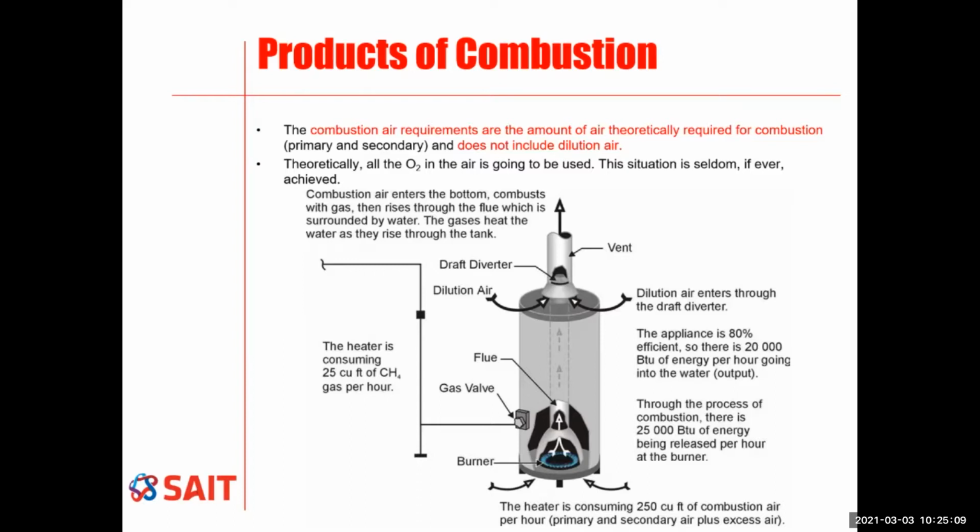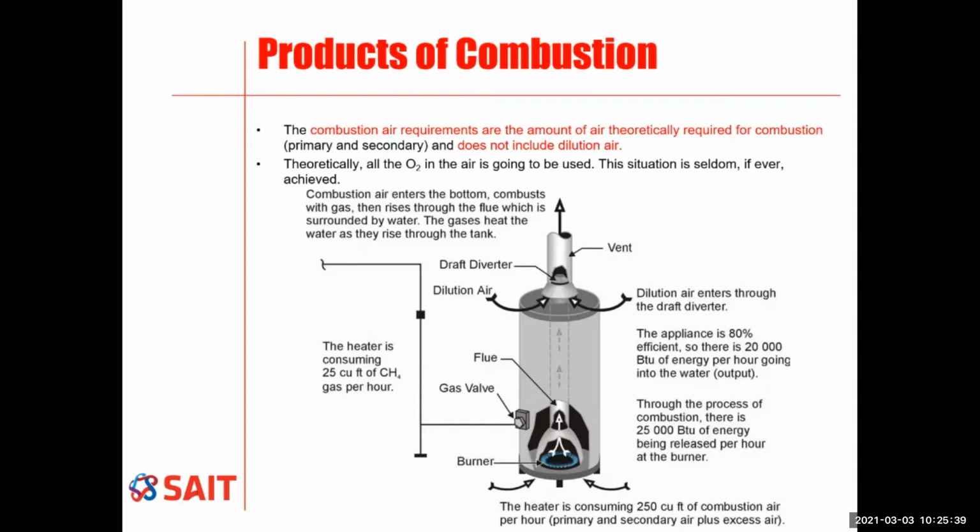Combustion air enters the bottom with gas, then rises through the flue, etc. So this heater, it's 2,500 cubic feet per hour of natural gas. So times that by 10, you're going to have 250 cubic feet of combustion air per hour. That's primary and secondary. Now, we didn't add excess air to this, so just hold on that one.